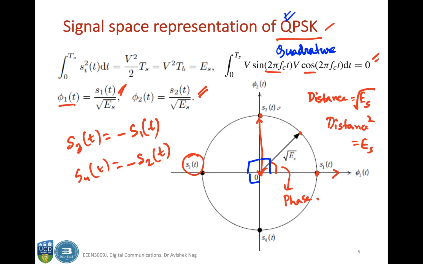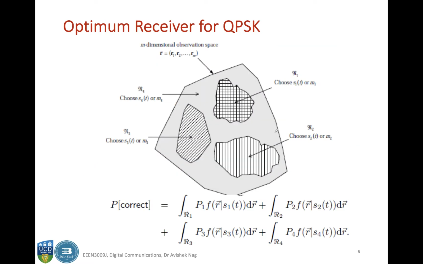In other words, each signal is at a 90-degree phase shift from each other. Okay, so now moving on with this concept, if you want to find out the optimum receiver for a QPSK system, then what will be the case?